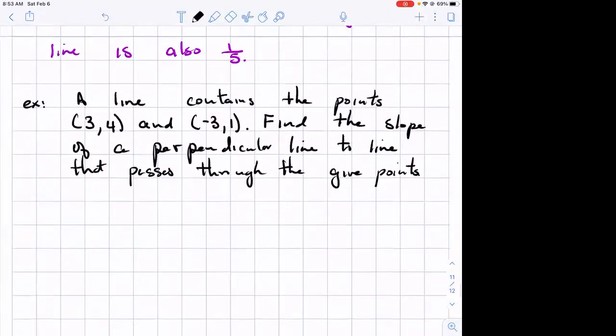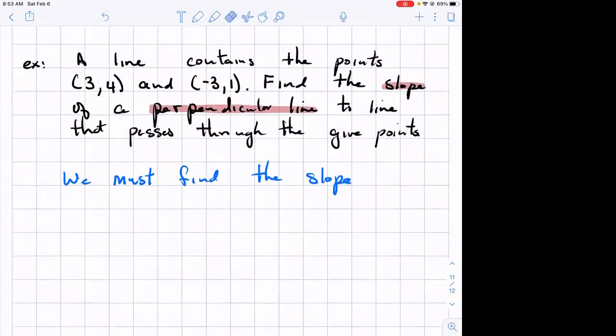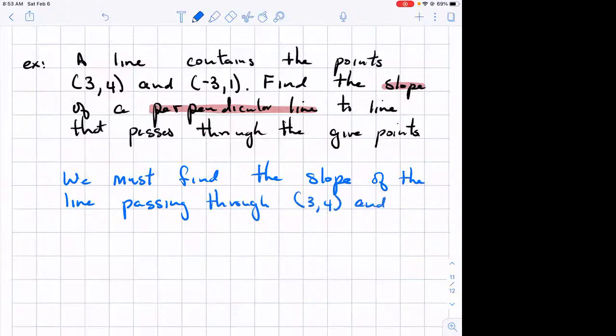So now you want to find the slope of the perpendicular line. Before you do that, we must first find the slope of the line passing through 3, 4 and minus 3, 1.